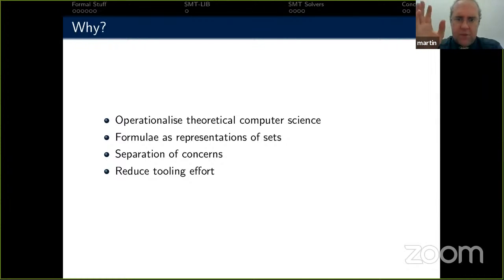I want to separate the generation of the formula from the handling and the resolution of the formula. This is an architectural divide.